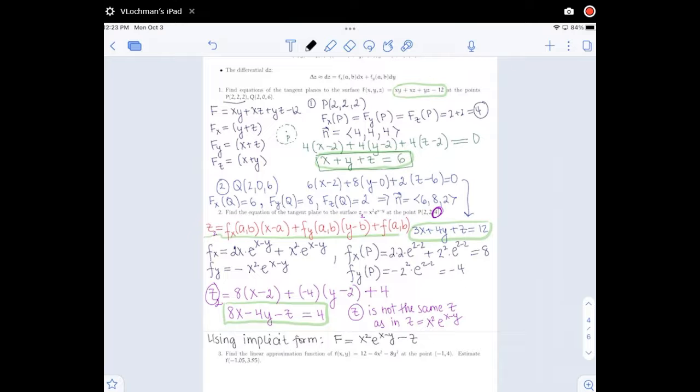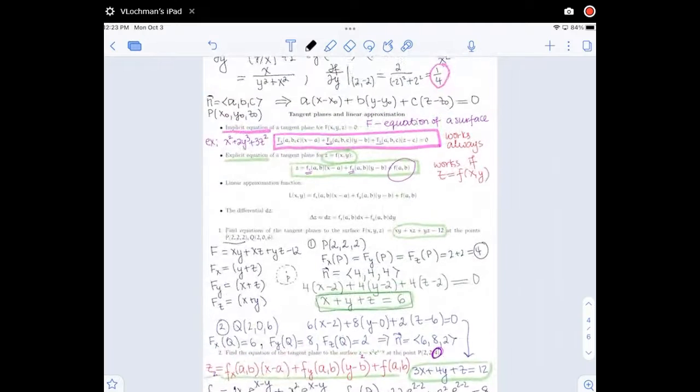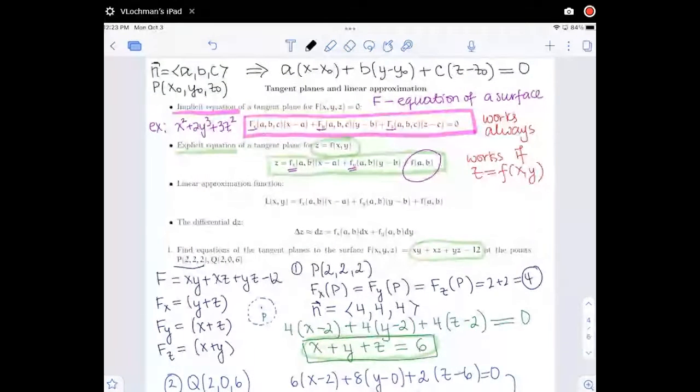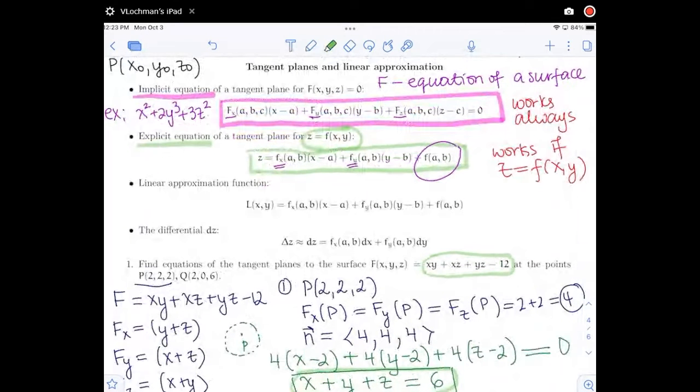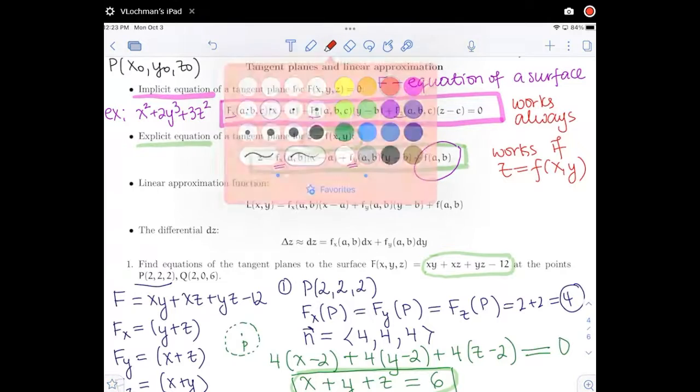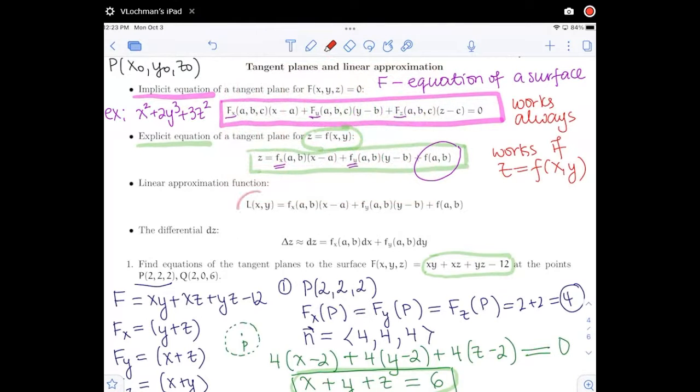Okay. Then let's go ahead and use this now to come up with an approximation, just to see how powerful this is, even for functions that are not too complicated. So this next formula is not really a brand new formula. Now let's call this a function L, L for linear approximation.